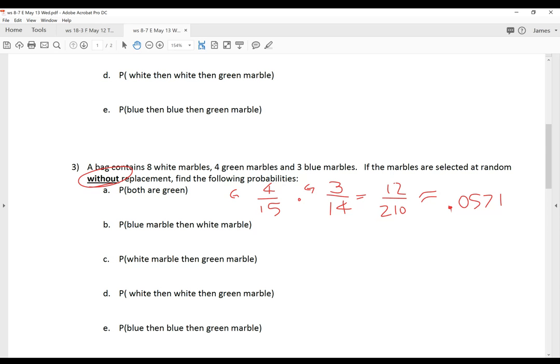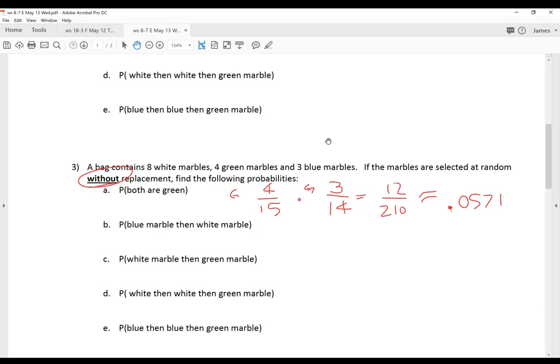Okay, it's a different situation. In the first, you're always going to have 15 in the bag because you keep replacing it. But in number 3, you keep taking things out, so you cannot do it indefinitely. You could only do it 15 times. After 15 times, all the marbles are going to be gone.